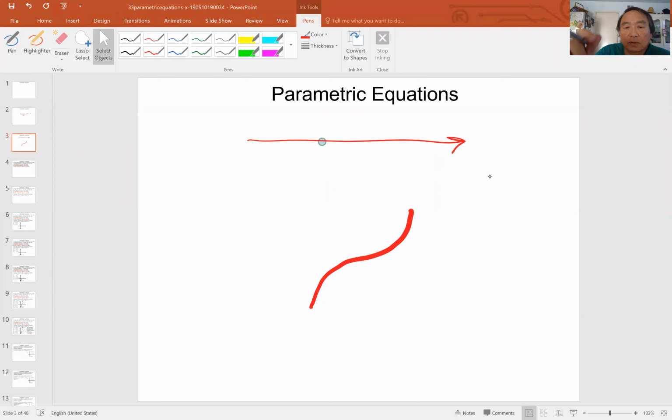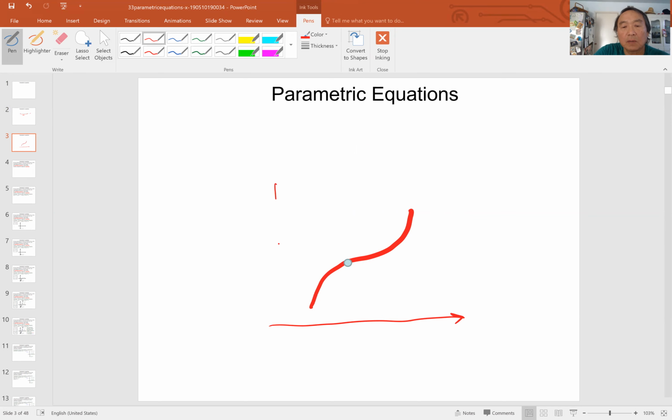For two-dimensional situations, suppose now we have a point that is traversing a path, a curve. To describe the motion, we go from linear motion in one dimension and upgrade to two variables.